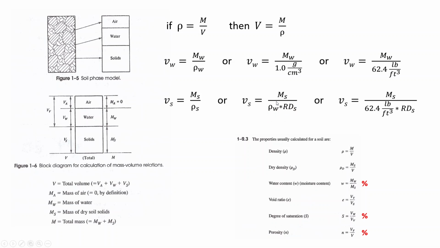So that could be further expressed as the volume of a soil or solid is equal to the mass of that solid divided by 62.4 times the relative density of that material. That material this semester is going to be aggregates or cement. Whenever it's aggregates for these first couple weeks, or soil as a general rule, that number can be 2.65 unless you're given something other than that to use.